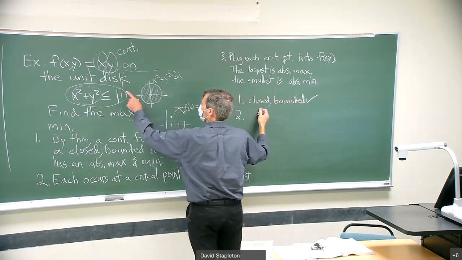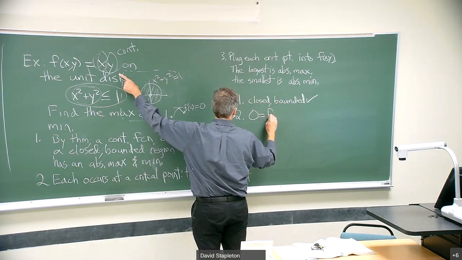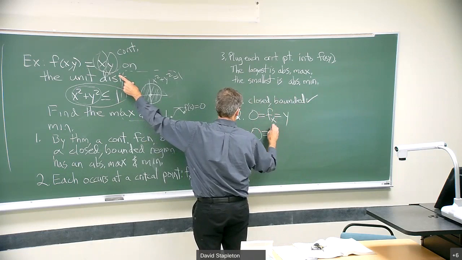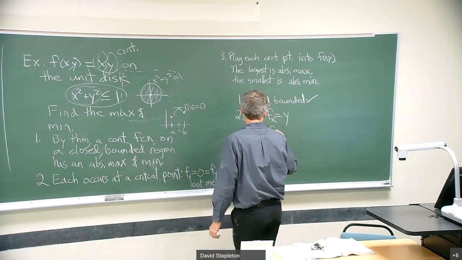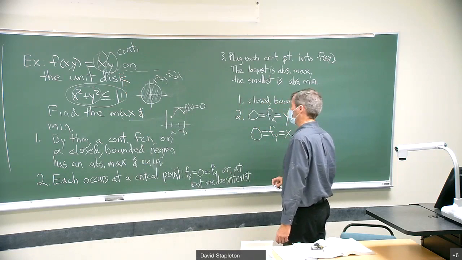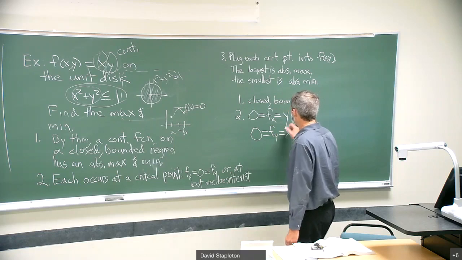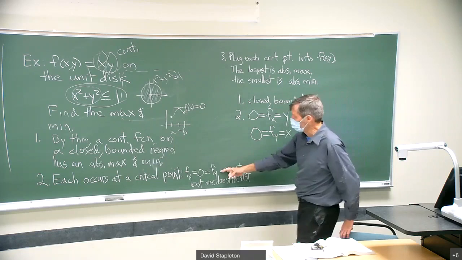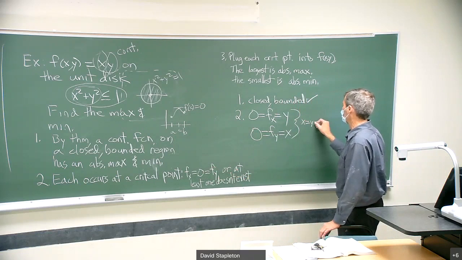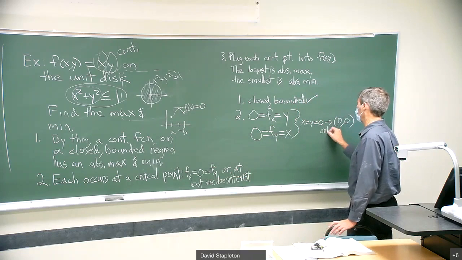So we have 0 equals partial of f with respect to x, which is y, we said, and 0 equals partial of f with respect to y, which is x. And so in order for both of them to be satisfied, that's the critical point here, they have to both be 0. This says x equals y equals 0. You have only the origin. (0, 0) is the only critical point.